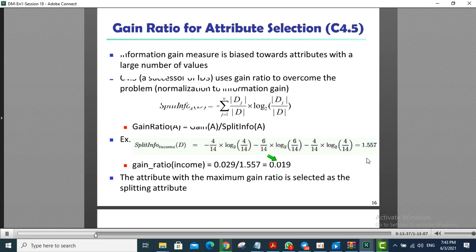And now we can select the attribute with the highest gain ratio value. The attribute with the highest gain ratio value is selected as the splitting attribute.